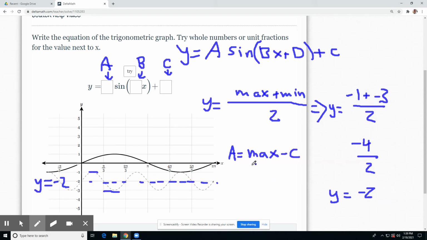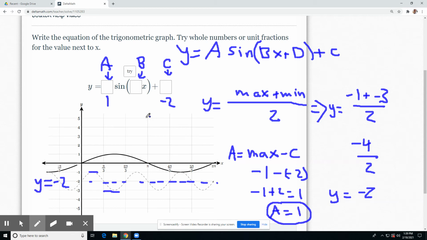The midline is also called C. So the maximum is -1 minus the midline is -2. -1 plus 2 is equal to 1. A is equal to 1. That's our amplitude. So I got 1 here, midline is -2, and the last part is the period.